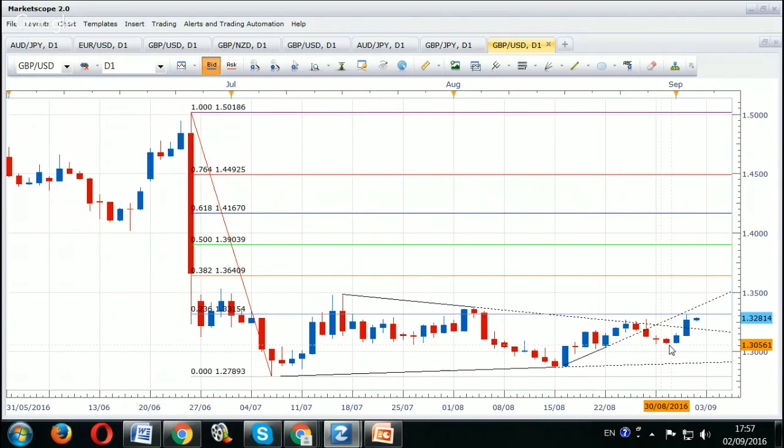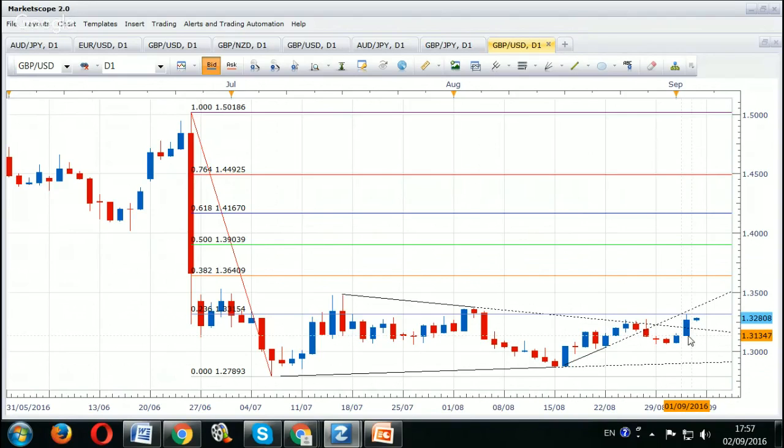On the other hand, if we have a very strong wage growth number and a 180K, 160K or so kind of NFP figure, we could go down to 1.3120 levels or so.